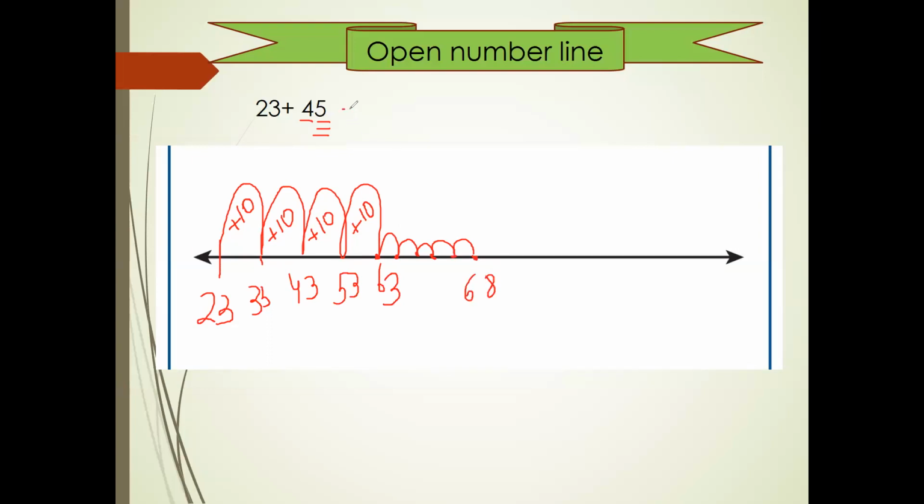So the answer is 68. So one more time, you need to be able to jump with tens: 23, 33, 43, 53, 63. And then don't forget that you continue counting by ones. Just put the dot with a pencil, not to be confused, to count everything carefully. Count and write the answer.